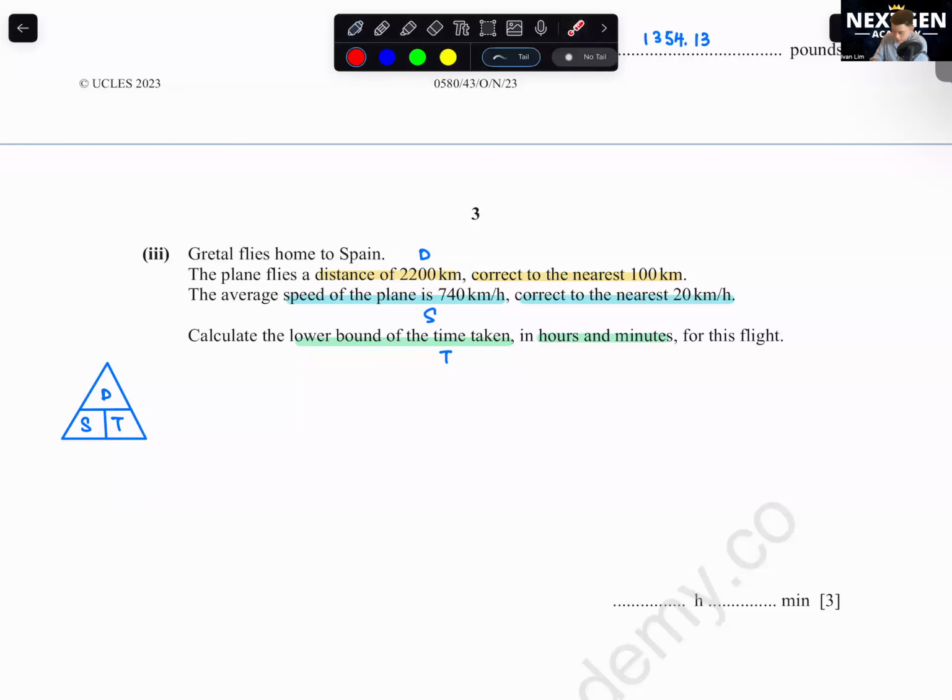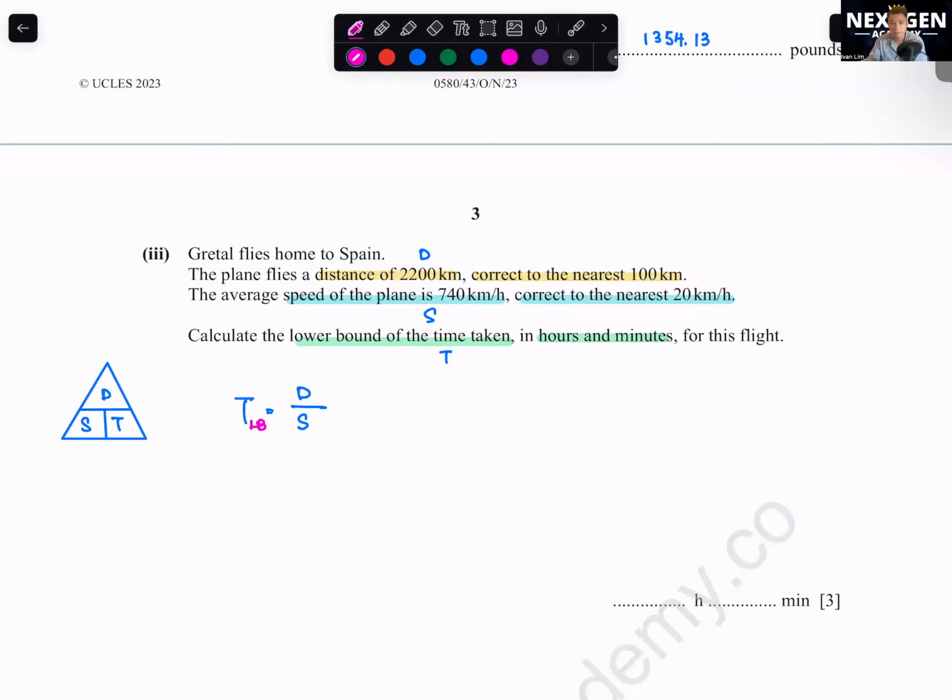So looking at this diagram here, time is distance over speed. We put into like this first. Time equals to distance over speed. They want the lower bound of the time taken. LB, like that. So, something divided by something.